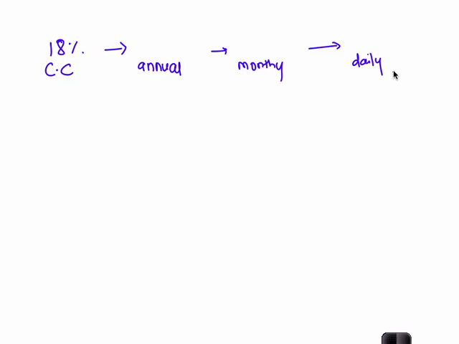Interest rate is 18% compounded continuously. Convert that to annual, monthly, daily. Annual is 19.72. Monthly is what? 18.14. And daily? 18.